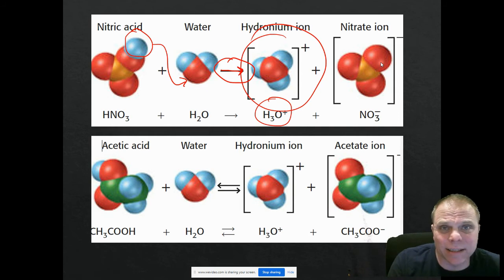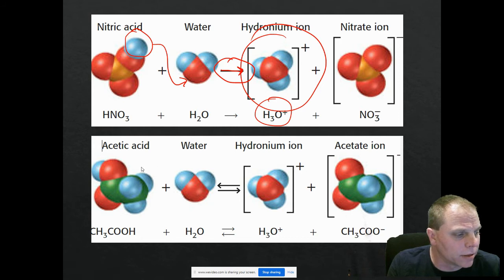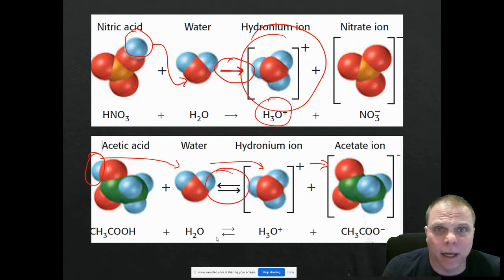Now, acetic acid, on the other hand, is a weak acid. So some of the hydrogens are going to come off, okay? And you'll notice that there's a hydrogen that leaves. It's this one right over here. You notice that it's not over here on this side. And that hydrogen is going to go to water, and it's going to form this hydronium ion. But you'll notice that we have arrows pointing in both directions this time. And what that means is that it is going back and forth, okay?